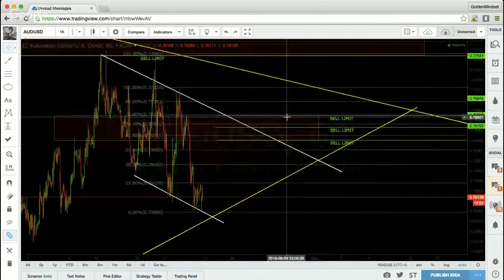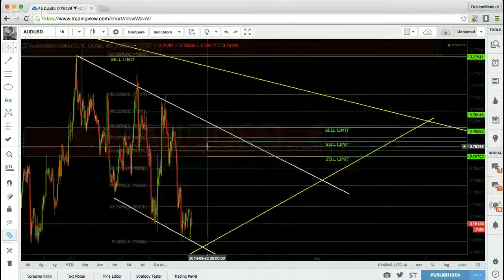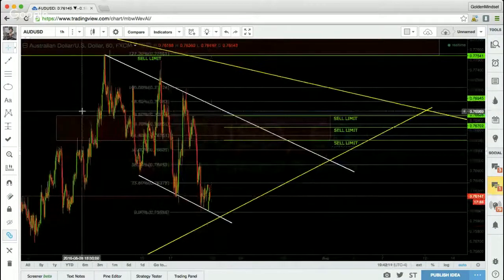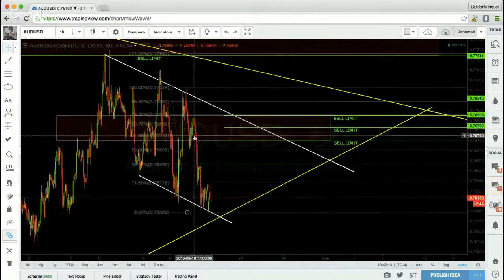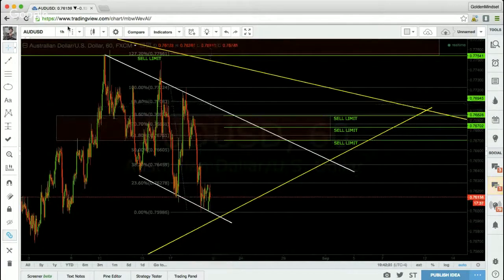So what am I gonna do? I'm gonna be exactly looking for all the confirmation I can get. Sorry guys. So I have a resistance zone first, so one confirmation. I have a 61.8 Fibonacci level, second confirmation. I have a trend line, third confirmation.